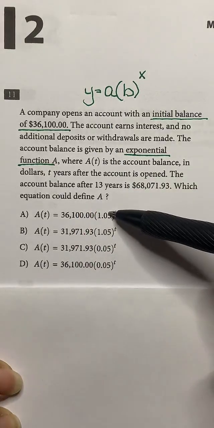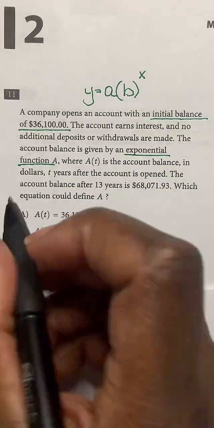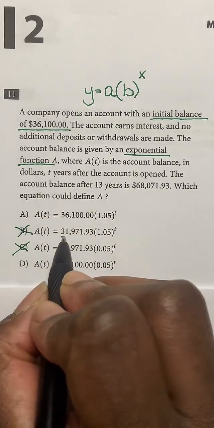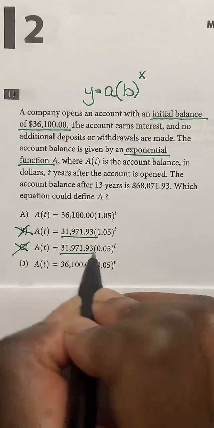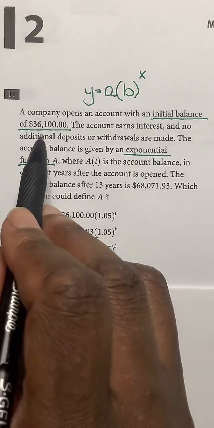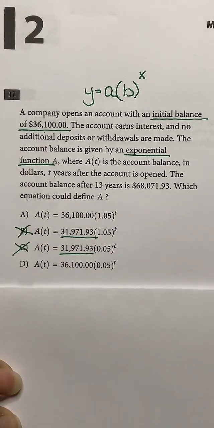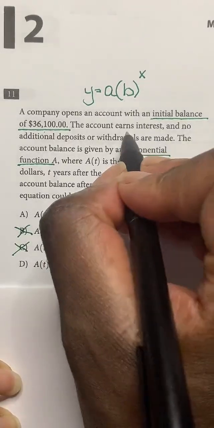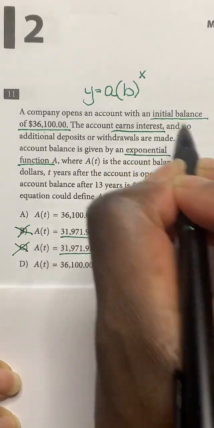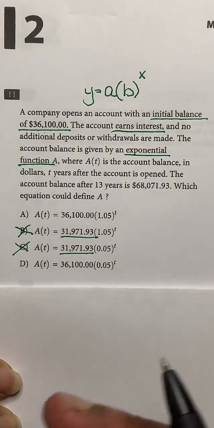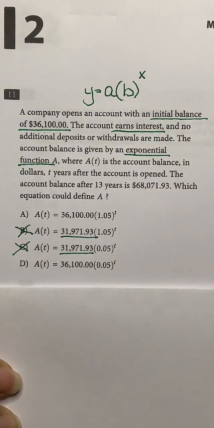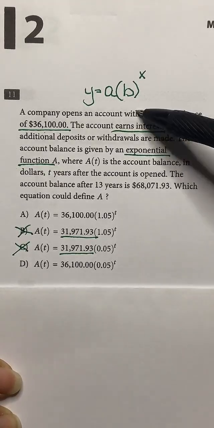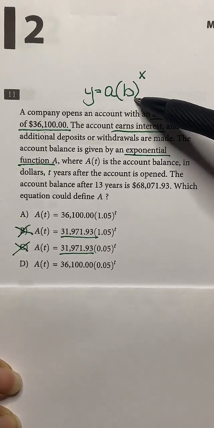So right away, if you're taking a look, I know I can immediately get rid of B and I can get rid of C because my initial amount is not what we have up here. Now, they're also saying it's earning interest. That means we're looking at a growth, okay? It's earning positive interest, so it's going to be making money. Where you can look for that is inside the parenthesis.